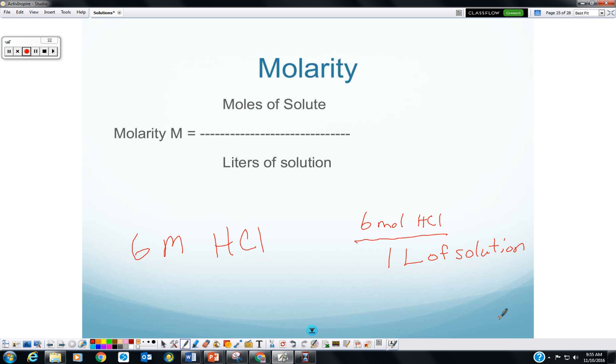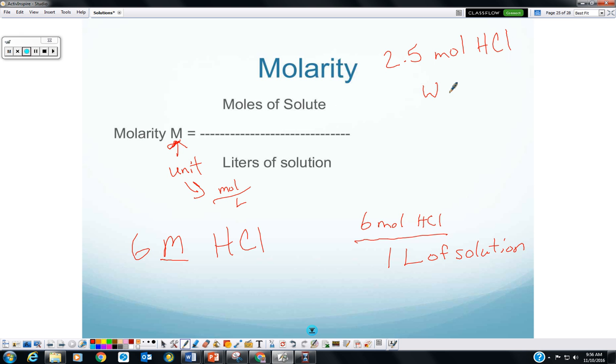All right. So I might ask you to calculate, if I had 2.5 moles HCl, this is the unit. So molarity, this is the unit. You can either write molarity with this capital M, or you can write it as moles per liter.